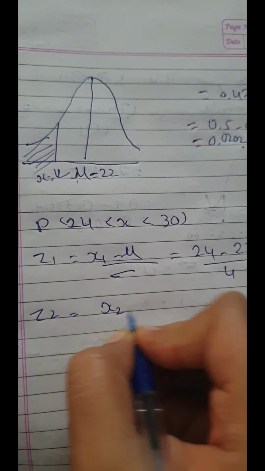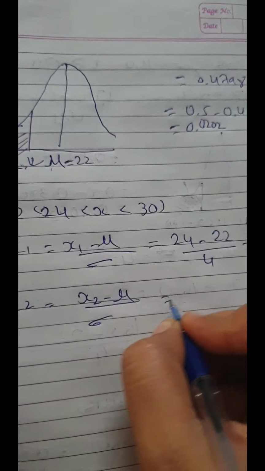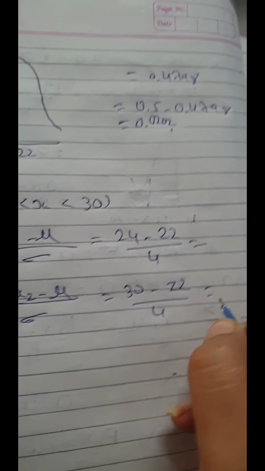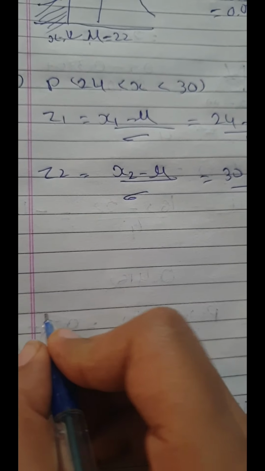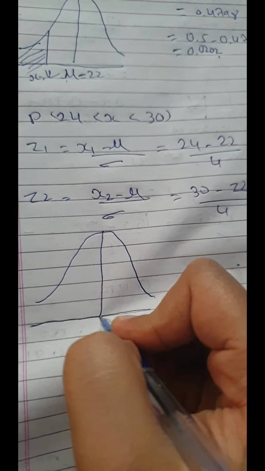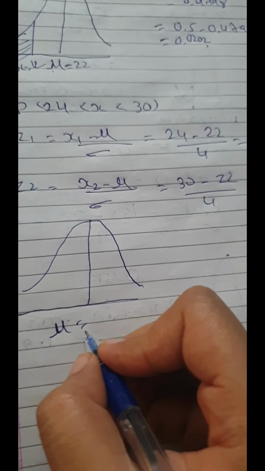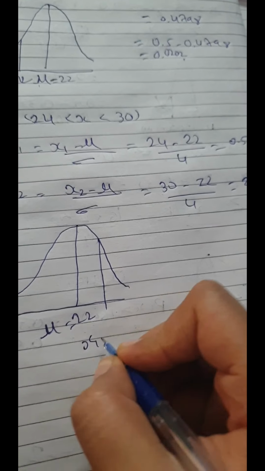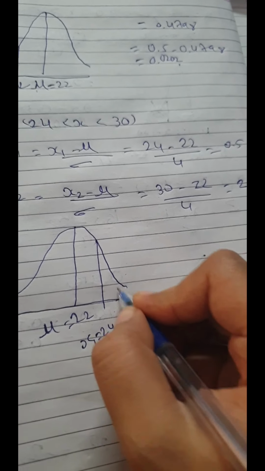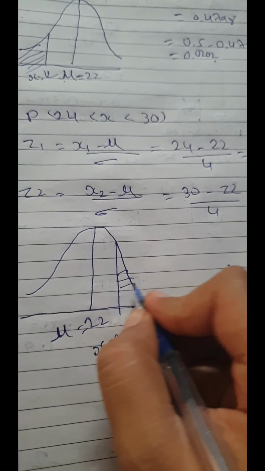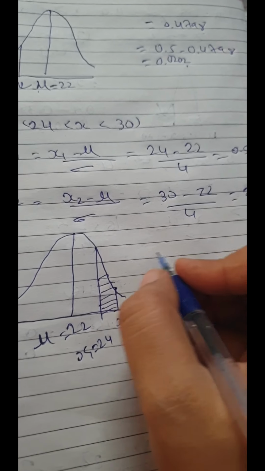Z2 is X2 minus mu upon standard deviation, 30 minus 22 upon 4. So this is my normal distribution curve. Mu equals 22, X1 is 24, X2 is 30. You want the values in between.